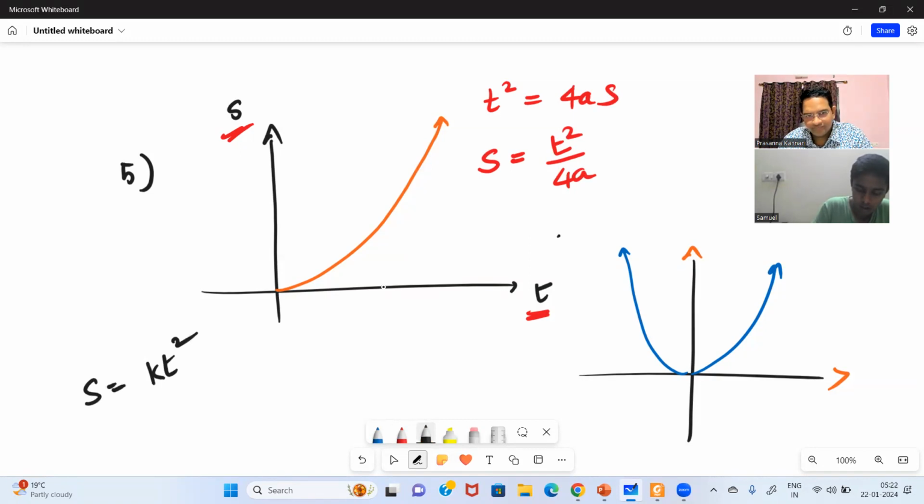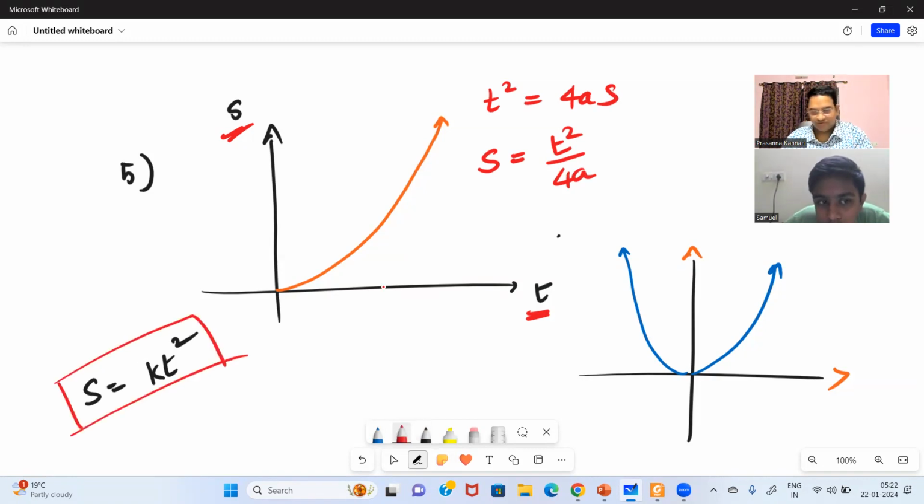Got it. Right. Now tell me from this, what kind of motion is this?